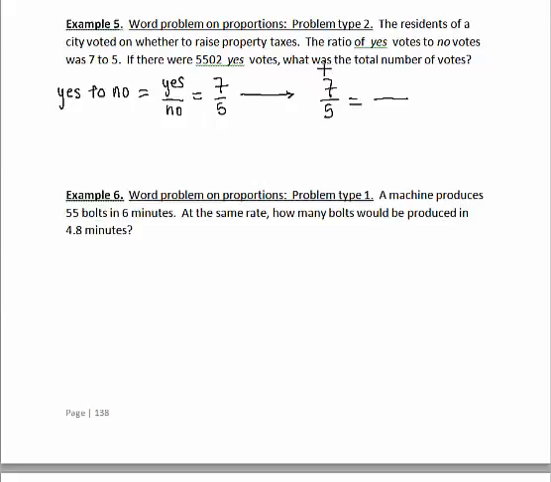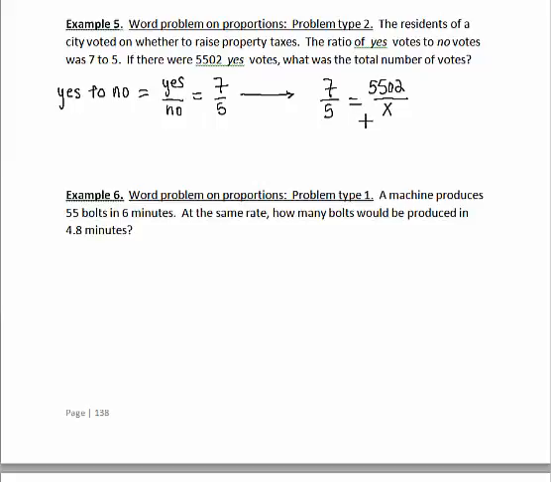We had 7 on the top for the yes votes. So the 5,502 for our second ratio should be written on the top. And so what we don't know is how many no votes are associated with the 5,502 yes votes.